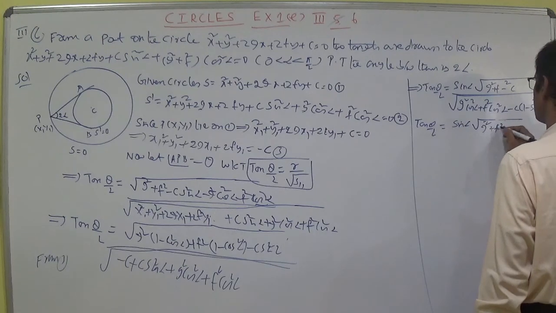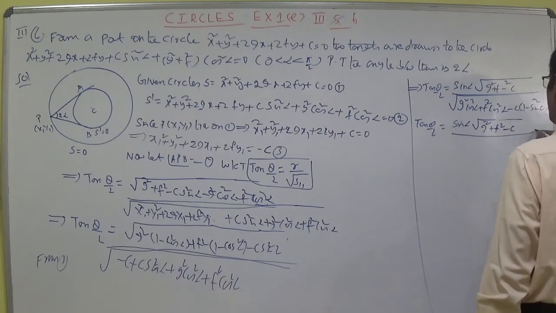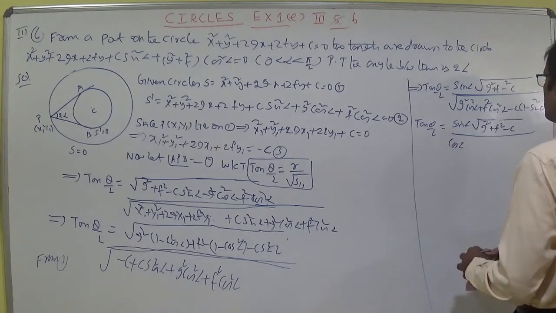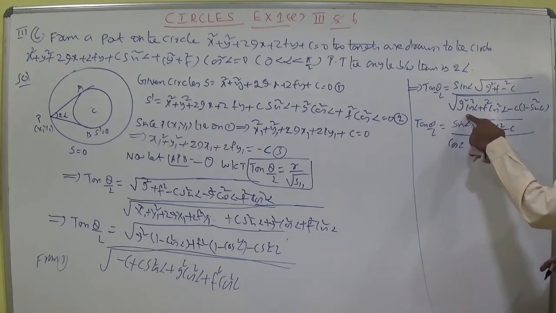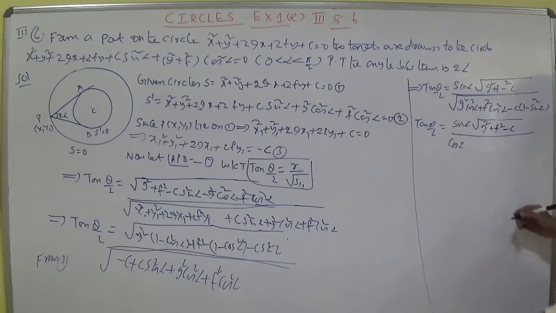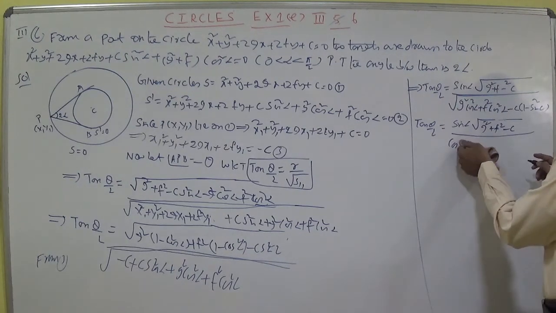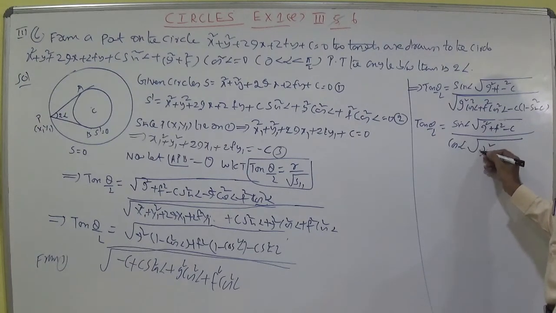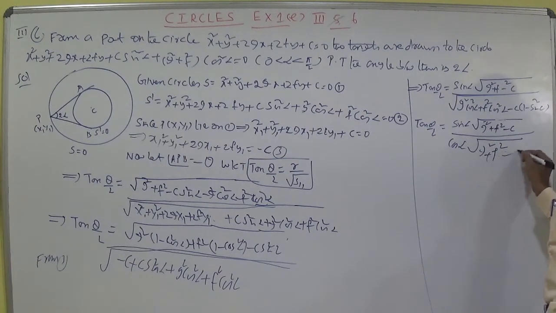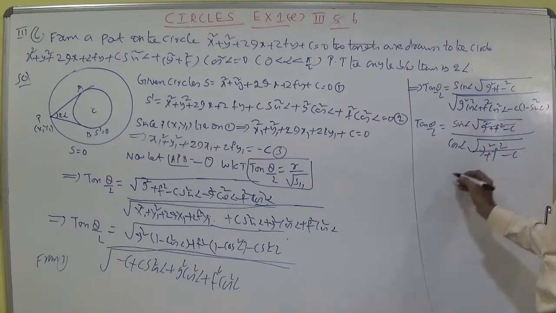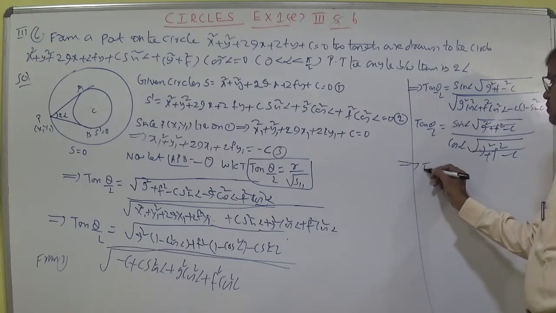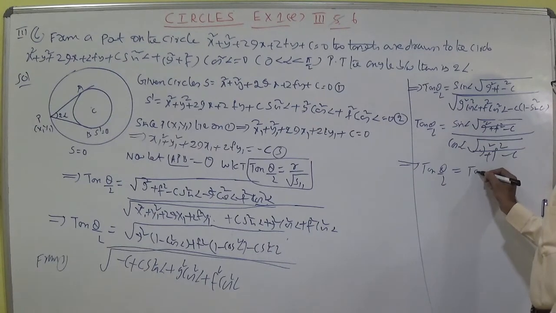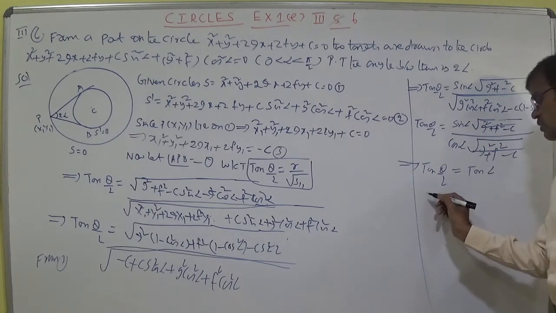Over root of g square plus f square minus c whole by, here cos square alpha taken common, because g square cos square alpha plus f square cos square alpha minus c cos square alpha. Whenever cos square alpha is taken common along with the root, it becomes cos alpha into, within the brackets, g square plus f square minus c. This will get cancelled. That implies tan theta by 2 is equal to sin alpha by cos alpha, which is tan alpha.